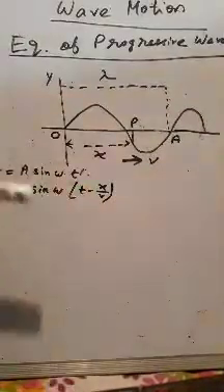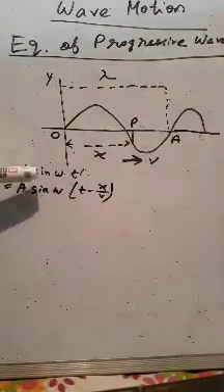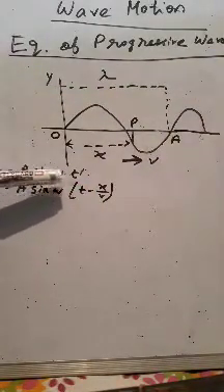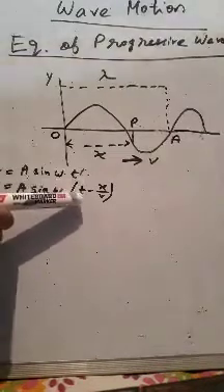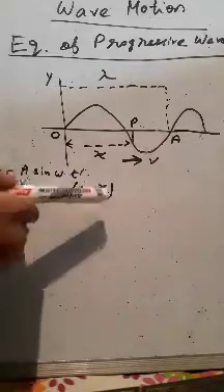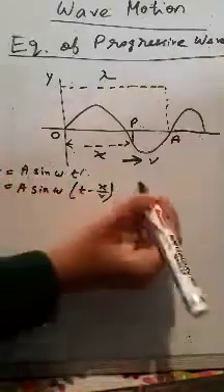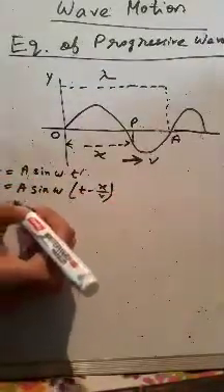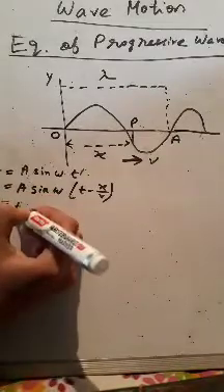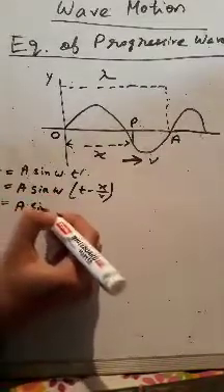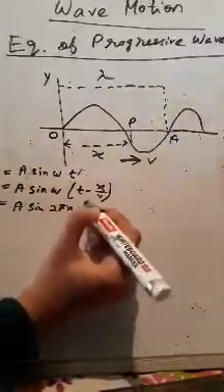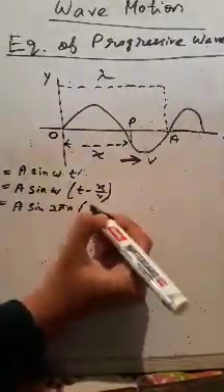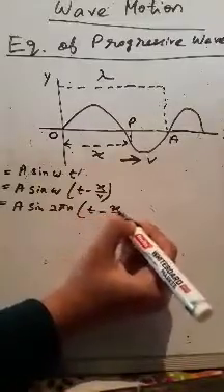In the previous equation we had y equals a sine omega t dash, and we are expressing the value of t dash in the second equation as t minus x by v. Another form of expressing this equation is a sine 2 pi n within bracket t minus x by v.